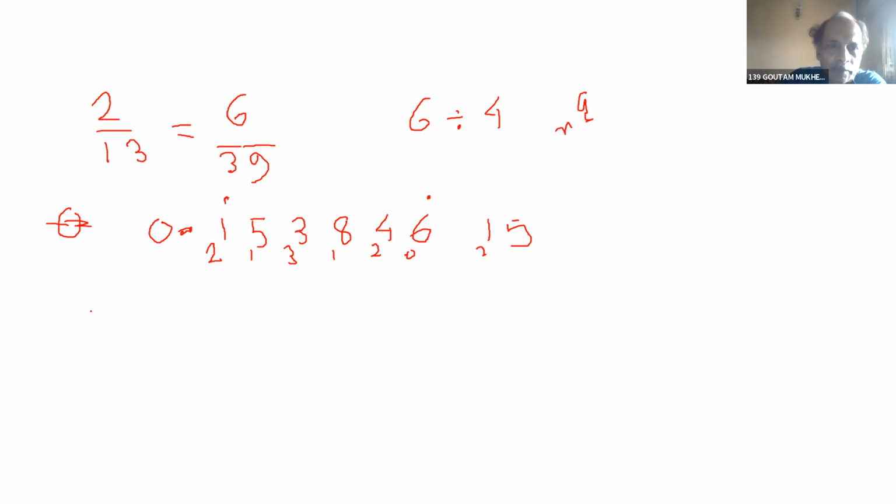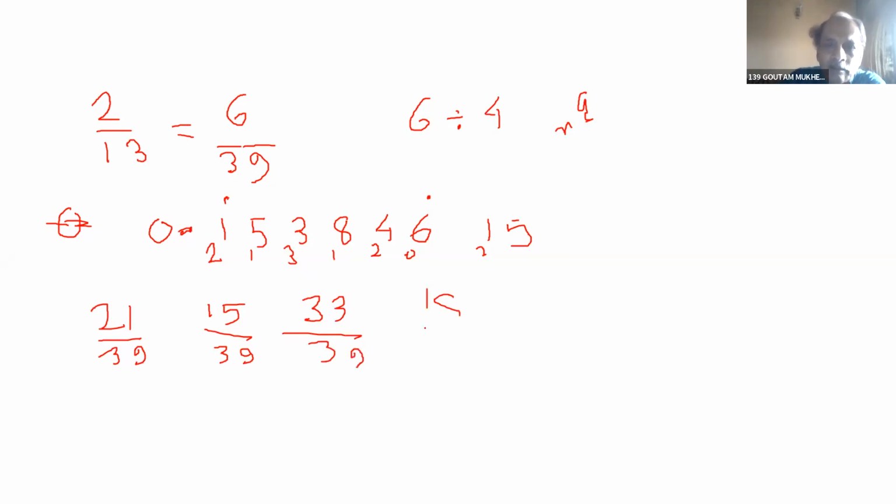These are the numbers that will come: 21 by 39, 15 by 39, 33 by 39.